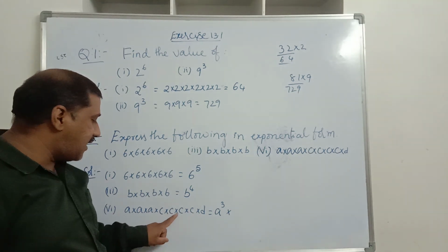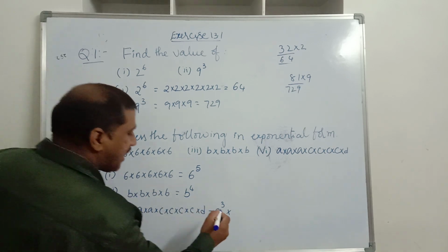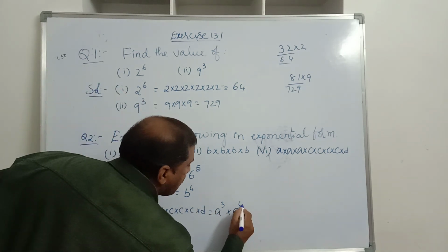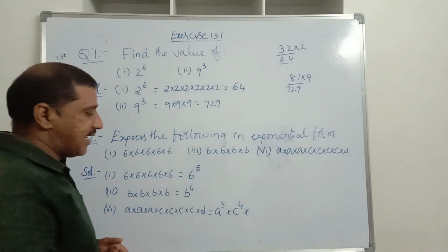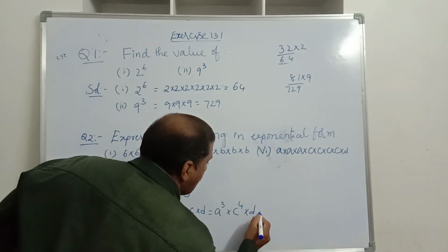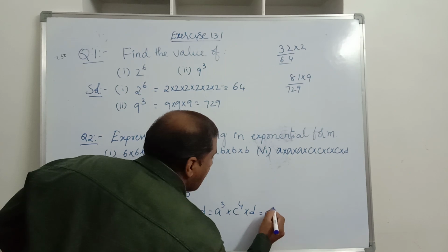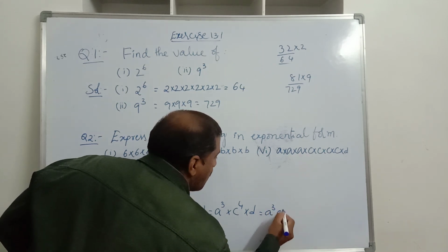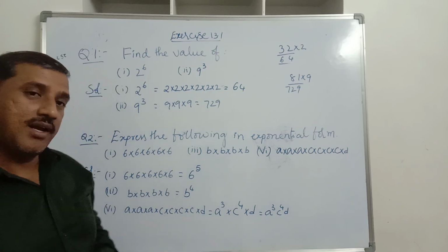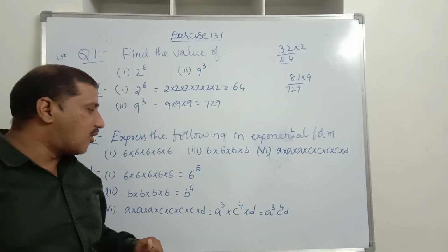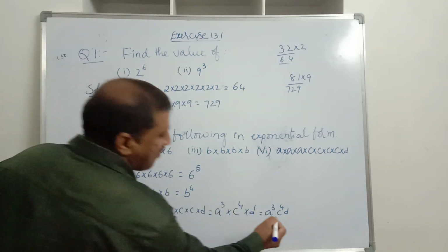C into C into C into C. Therefore it can be written as C to the power of 4 into. Then D, we have only one D. We will write it as D. Now this can be written as A to the power of 3 into C to the power of 4 into D. A cube into C to the power of 4 into D. Short form we will write like this.